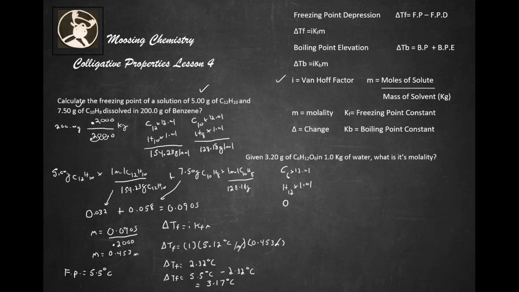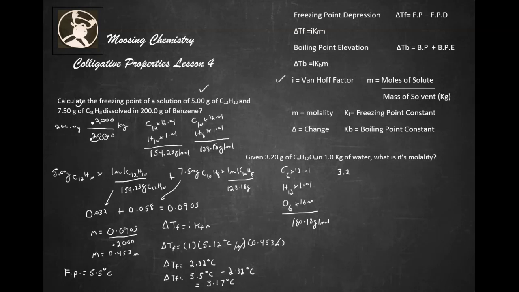Then we have oxygen, we have 6 of those, which is 16.00. When we add all this up together, we get 180.18 grams per mole of C6H12O6.